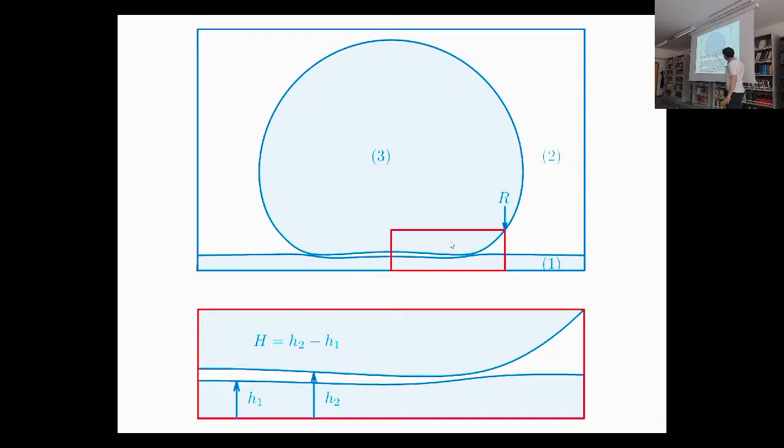We have a thin liquid film, a thin gas film, and a drop. We wrote lubrication equations in the liquid film, in the gas film, and simply hydrostatic pressure in the drop. So we neglect the motion inside the drop, which is somehow a strong hypothesis, but this is the hypothesis we make. And we take into account capillarity.